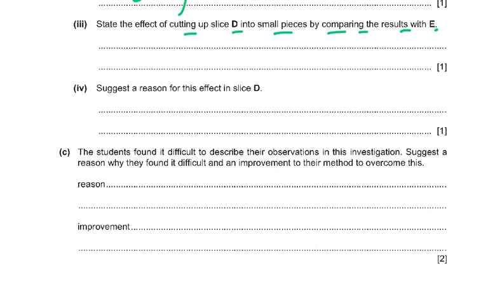More of the enzyme is available. Increased contact with oxygen, increased surface area. So D turns darker brown, or changes color more quickly.